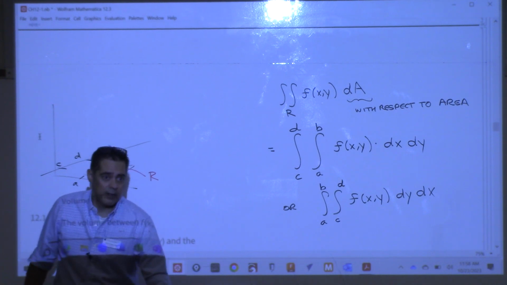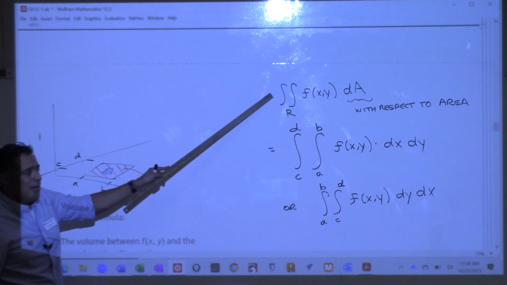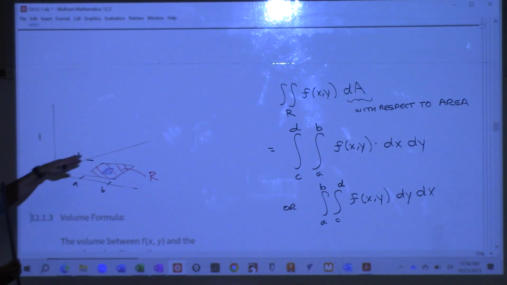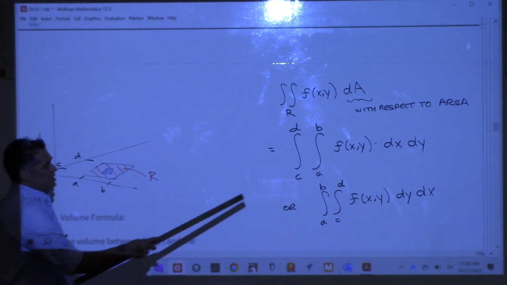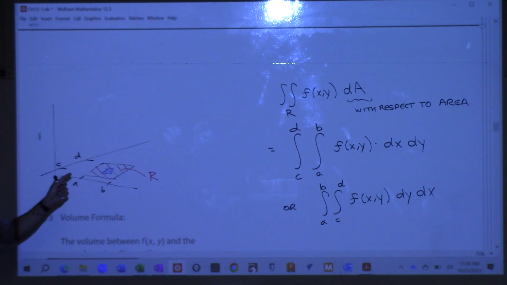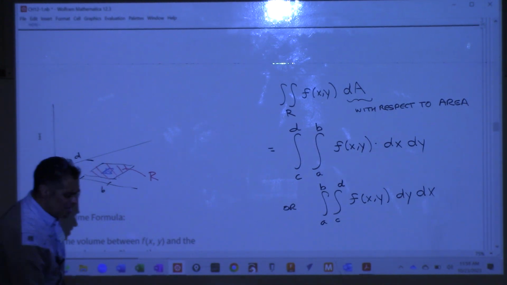Let me say that again. This notation does not require the region on the ground to be a rectangle. It can be anything. We're starting with the rectangle because it's the thing that makes most sense to us. These two notations are specific to when we have a rectangle.